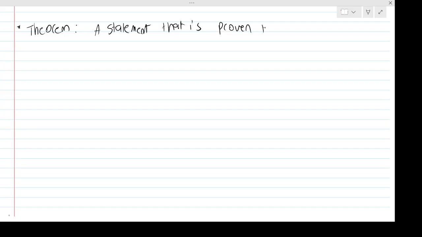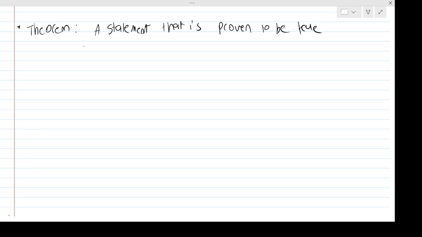It's a statement for which there is a mathematical proof strong enough to say that it is indeed true for all the values or all the numbers that we want it to be true for.